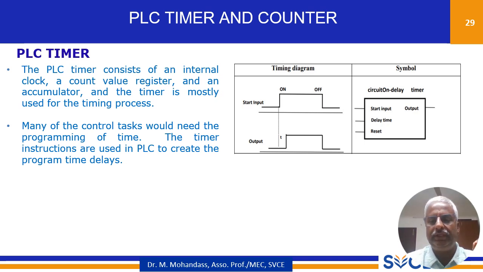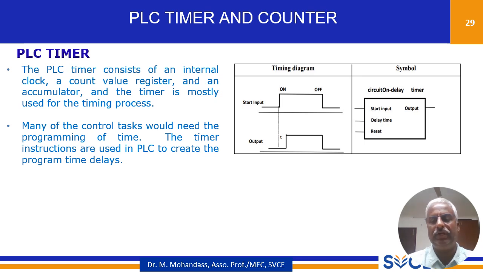After the start input is energized, the timer starts to count, and for every microsecond it compares the count value with the predefined delay time value, until the counted value becomes equal to the predefined delay time value.